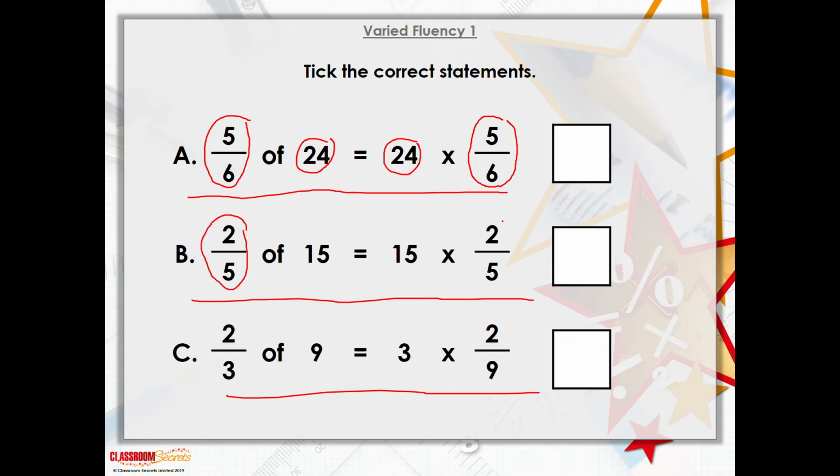We have 2/5 over here, 2/5 over here, and our amounts are exactly the same. However, in C, you'll notice we have 2/3 here. However, in our second part of our number sentence, we have 2/9. So there is an issue already here. And also our whole numbers, there is an issue as well.